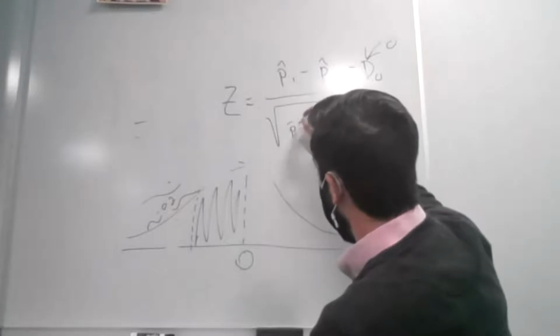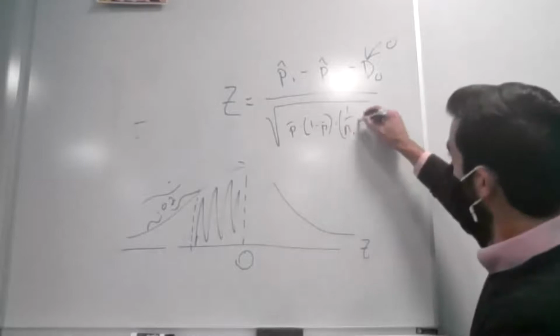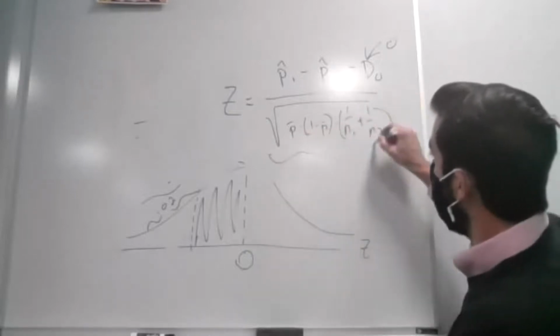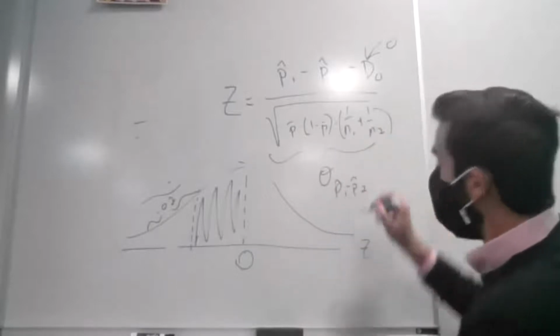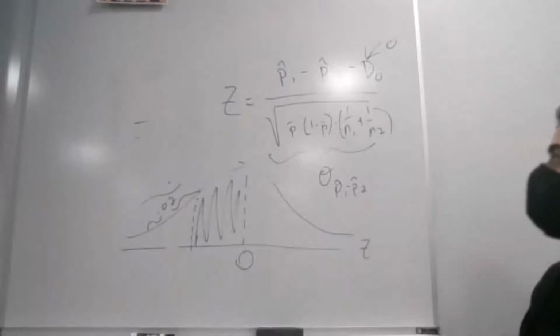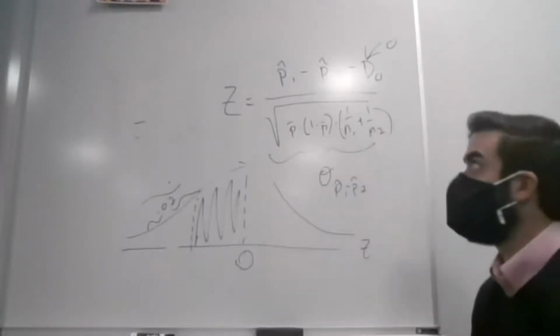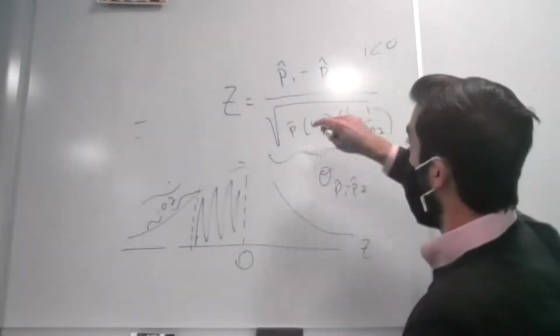I then have what? P bar times 1 minus P bar, 1 over, right? What's in this denominator represents the standard deviation for the difference in those sample proportions. So if it's a standard deviation, I know my denominator is always going to be positive. So I can essentially ignore that.